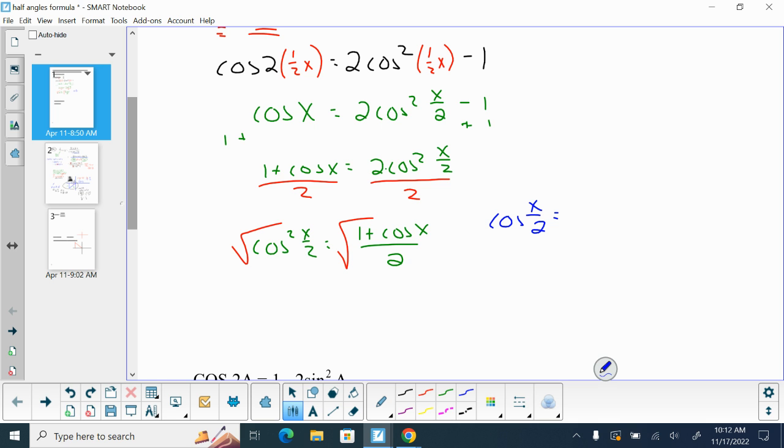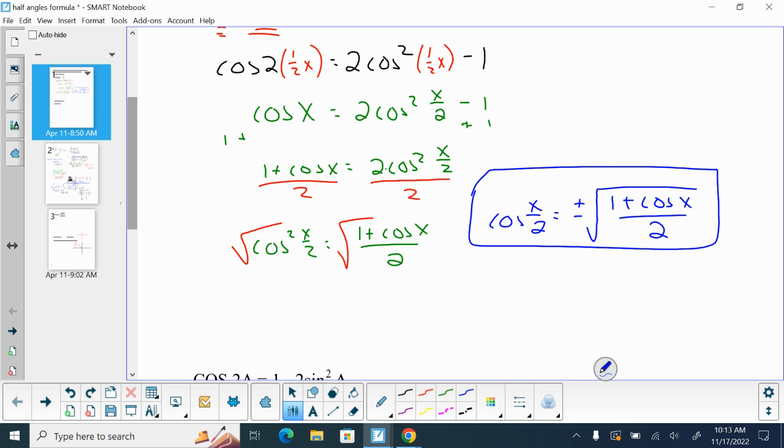So the cosine of half x, when we square root both sides, we have to get plus minus in there. So the cosine of a half angle is equal to plus minus square root of 1 plus cosine x divided by 2.